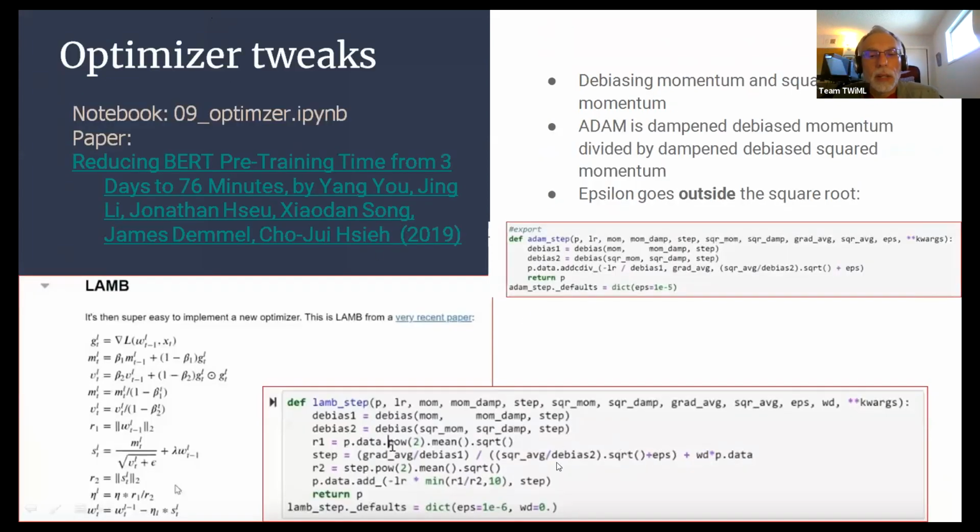Jeremy was thinking the epsilon should be added before you take the square root. And Rachel and Sylvan stepped in and said no, according to the papers, the epsilon is added outside the square root. To understand and appreciate that, I'd have to read those papers about Adam and LAMB, which I intend to do.